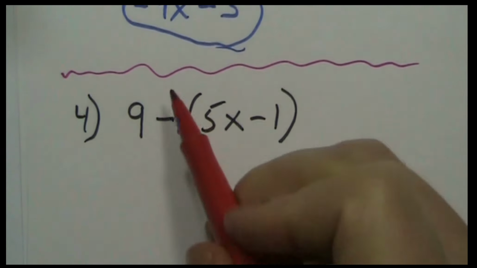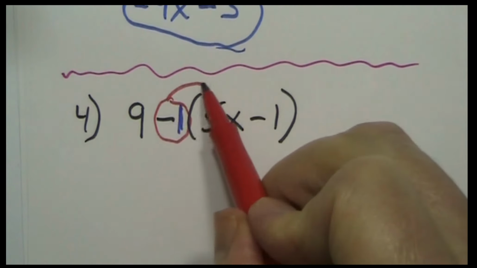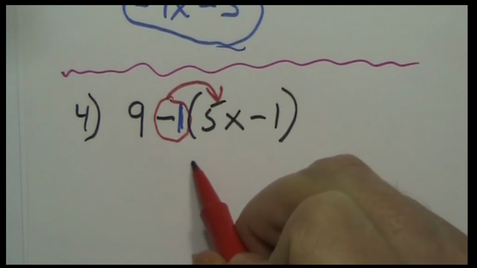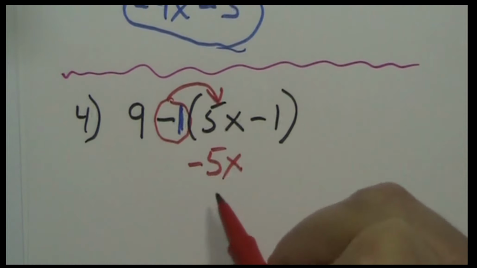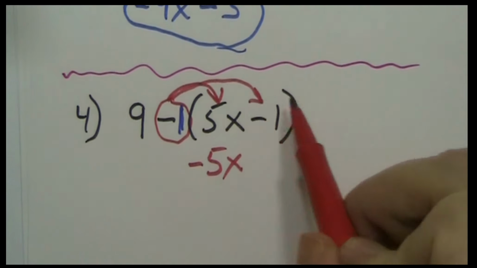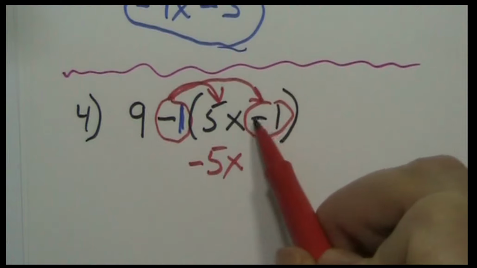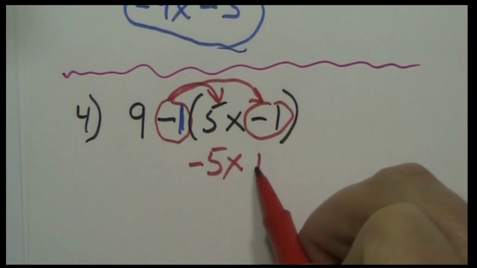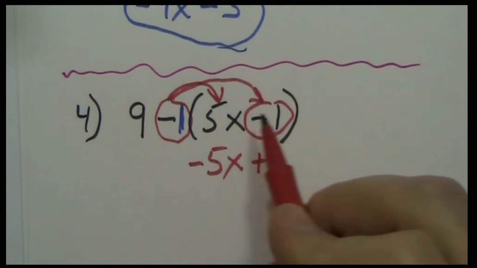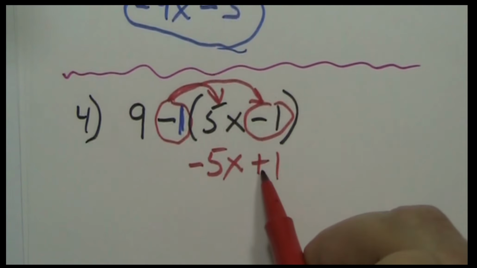So I'll do it the long way. You don't have to, but this is now not 5x, it's going to be -5x because it's a -1. And this won't be a -1 anymore, it'll be a +1. Because 1 times 1 is 1, 2 negatives cancel.